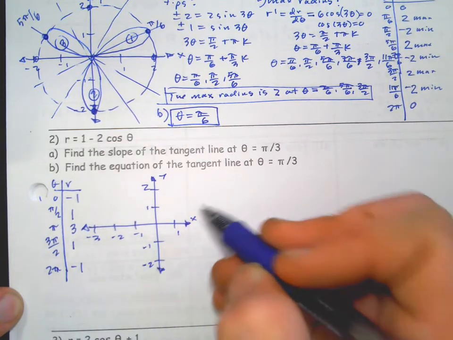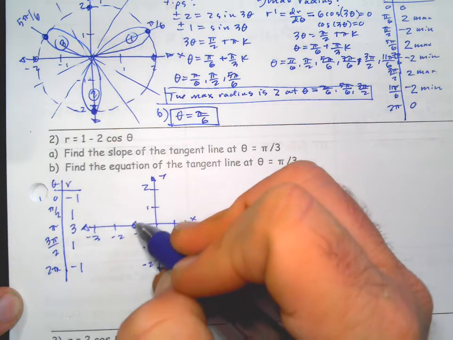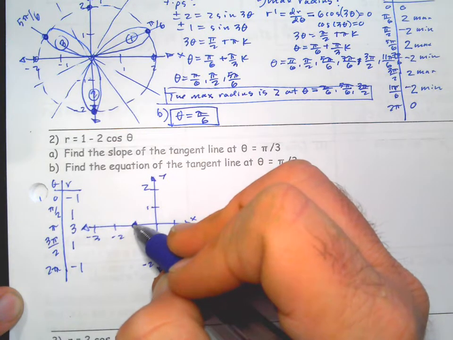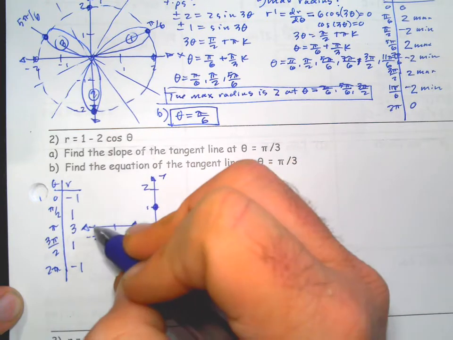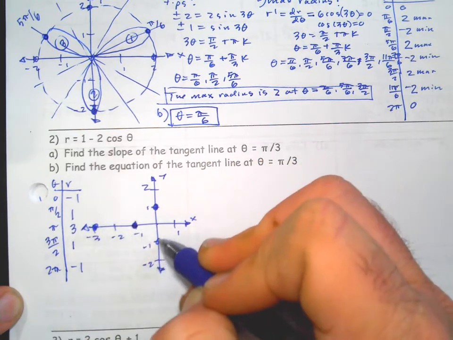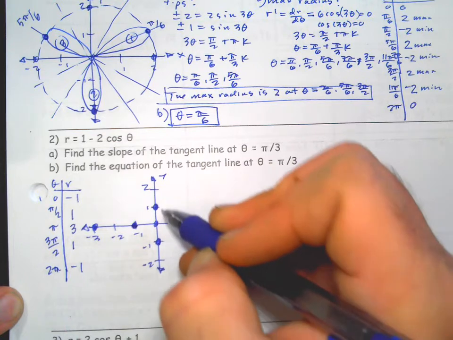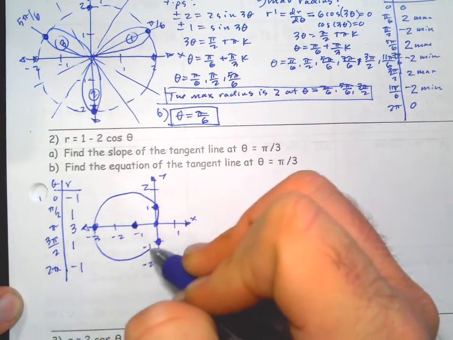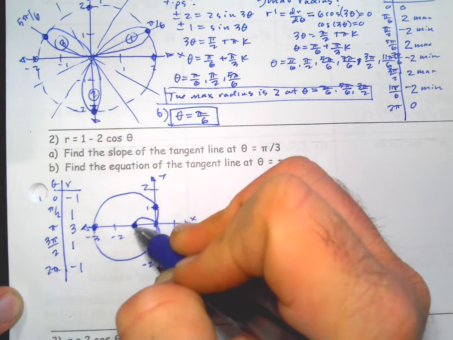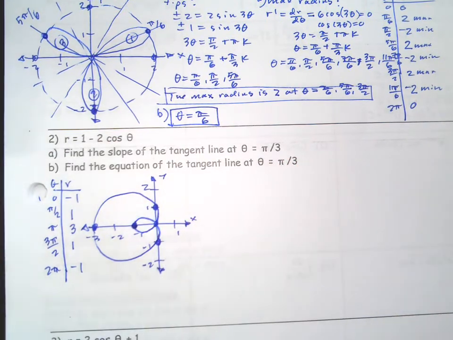Okay, so 0, negative 1, this is an inner loop, because it's backwards. And pi over 2, 1's here, and pi, 3 is here, and 3 pi over 2, 1 here. So yeah, this is going to be inner loop. So it's going to go like this. It's going to kind of look like a cardioid, but then it's going to come in here and loop in like that. So there you go.